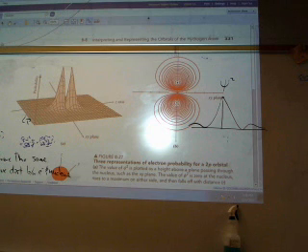Now, what do I mean by the effective distance? When I talk about the effective distance, if they both have the same effective distance, then they both have the same energy.